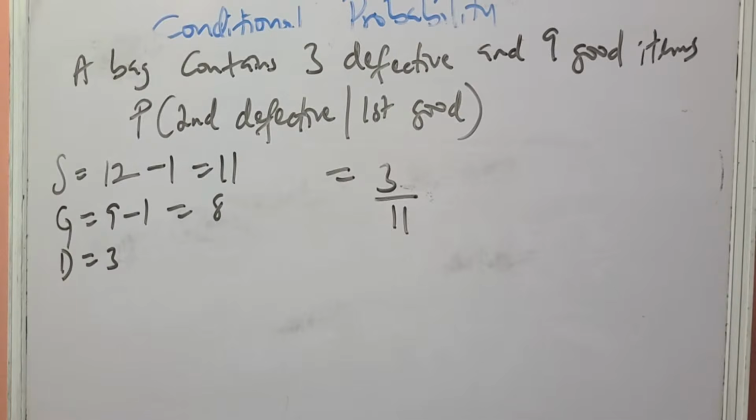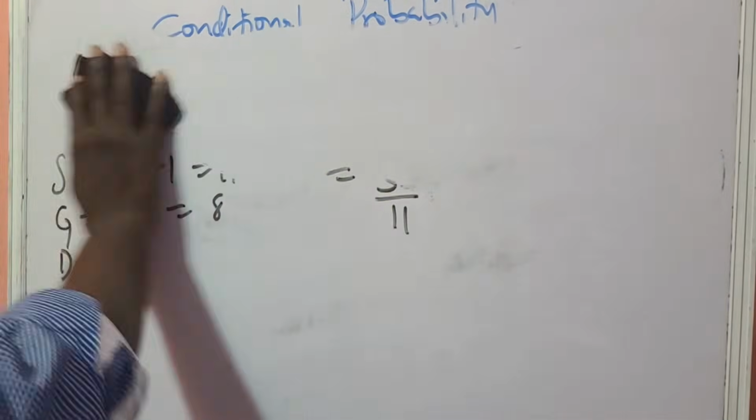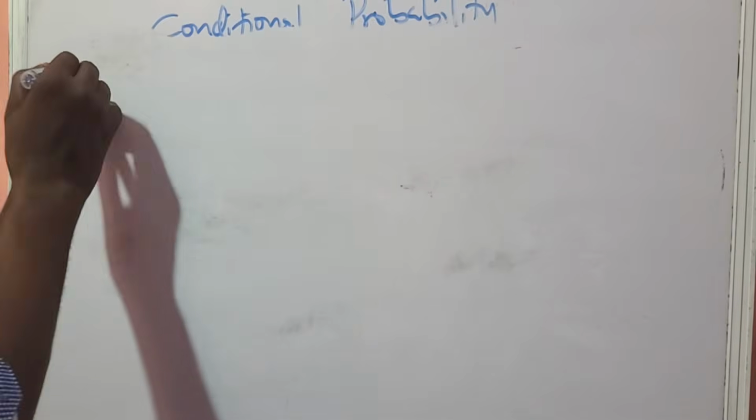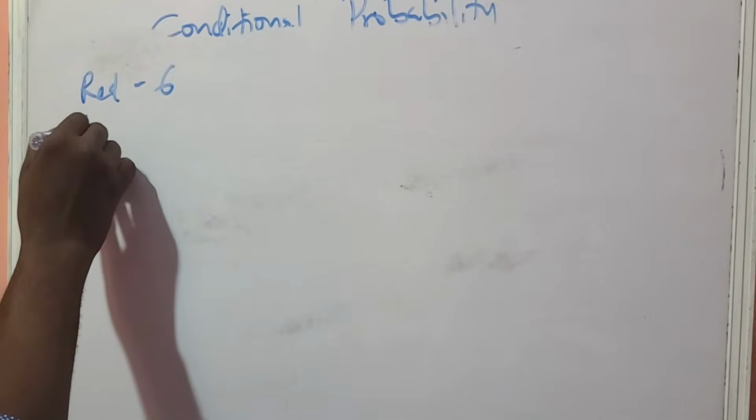You just have to be very solid. From 6 red and 4 green balls, 2 are drawn. So we have 6 red and we have 4 green.